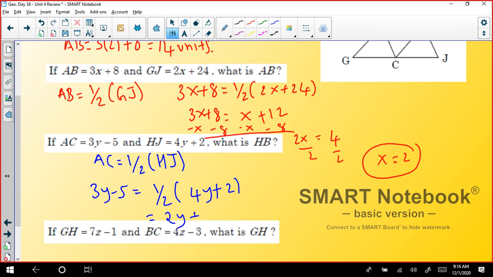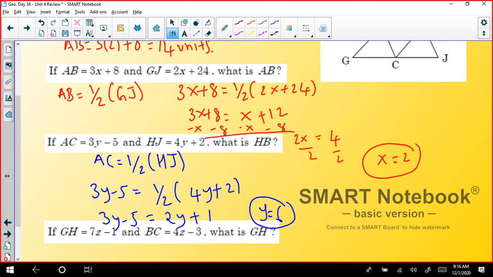So I'll have 2y plus 1 equals 3y minus 5. So further, if I subtract 2y on both sides and add 5 on both sides, I will get y equals 6.